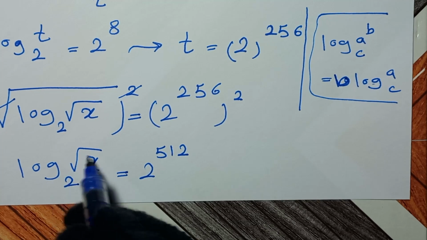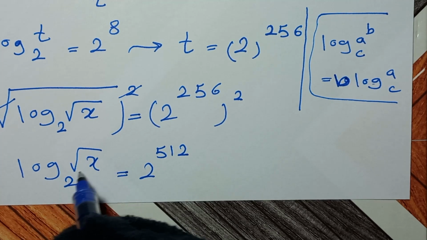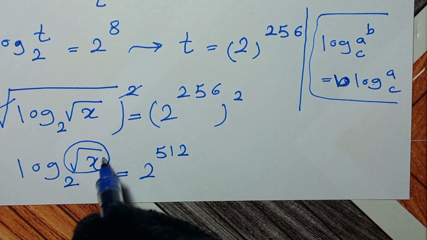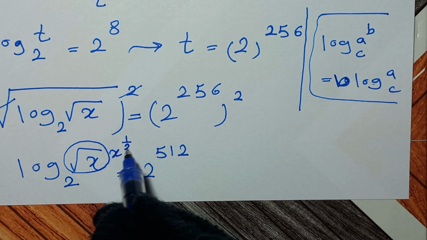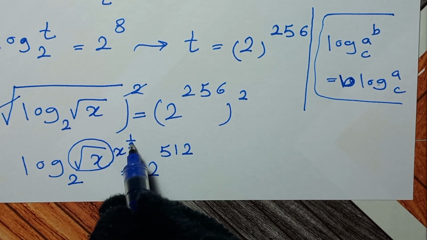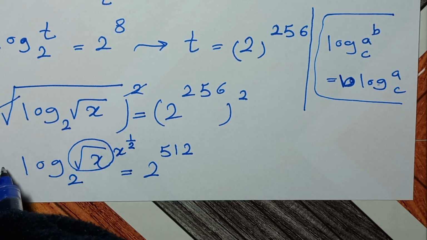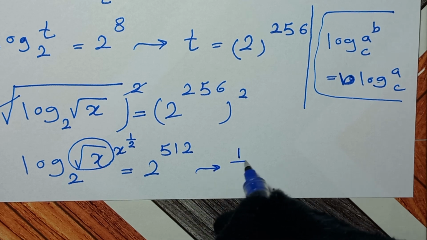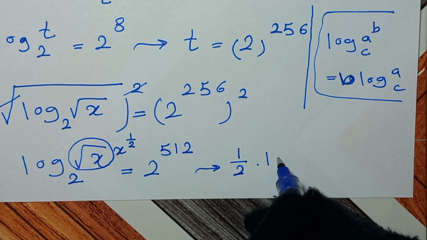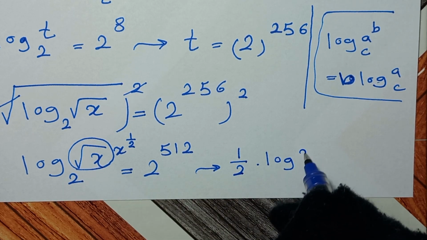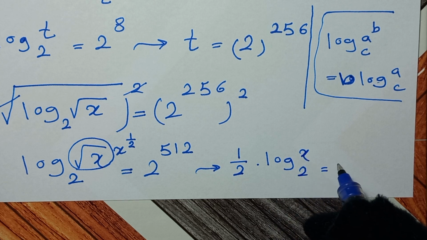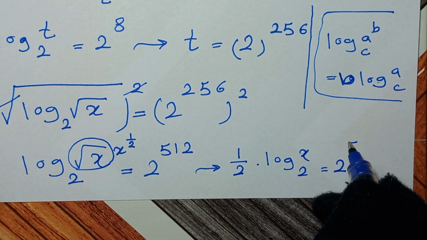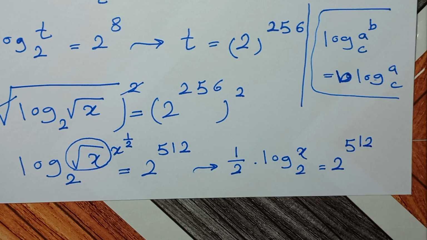Here the square root of x is x to the power of 1 over 2, right? We can take this 1 over 2 outside of the log, and it will be 1 over 2 times log of x to base 2 is equal to 2 to the power of 512, right?